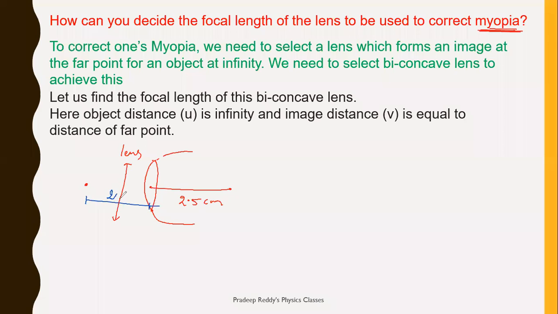Going farther, you can see up to some particular point, say D, which is greater than 25 centimeter, and beyond this you cannot have any vision.